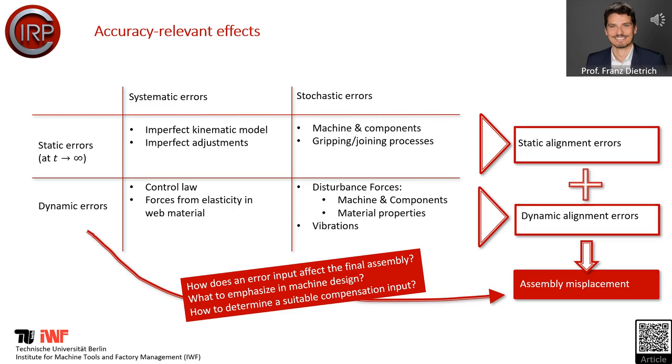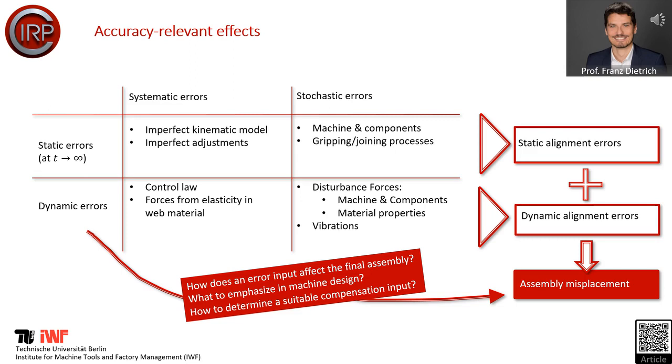We also see static errors that come from gripping and joining processes, as well as disturbance forces that are created or transmitted by the machine and the components, or by straying material properties. And we see vibrations that might have an effect that degrades the accuracy. This all sums up so that in the end, the assembly misplacement is obtained.